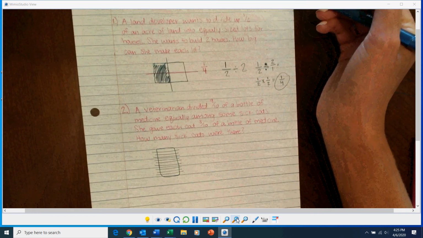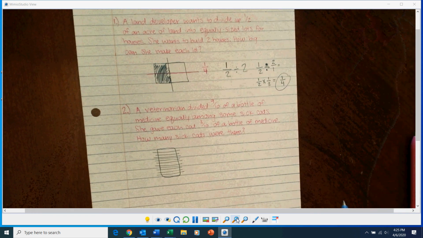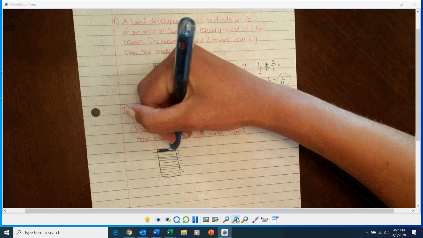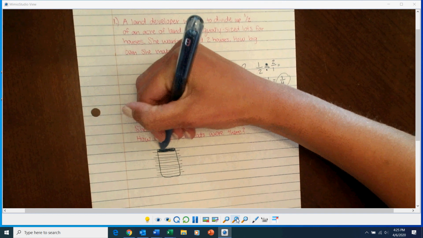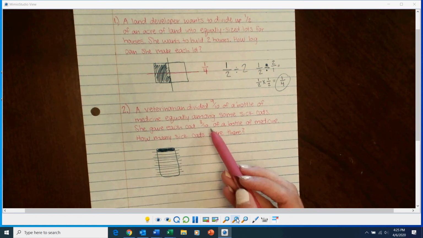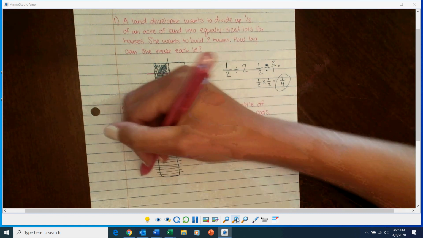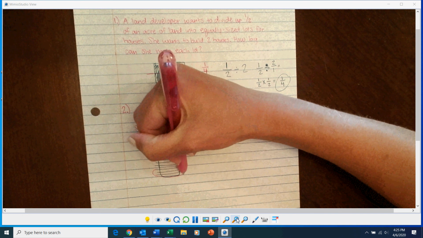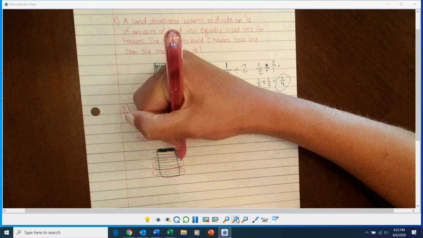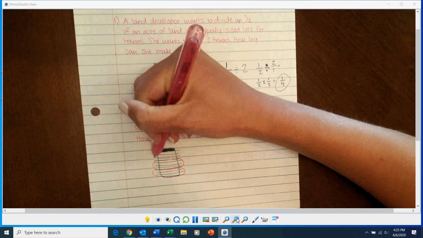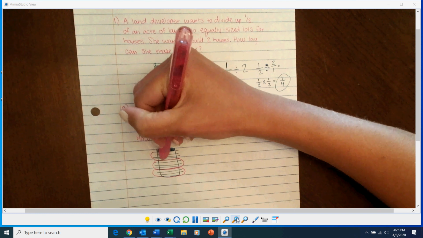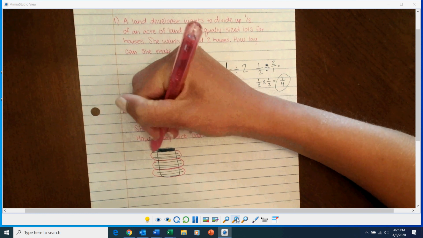So I have drawn my tenths. Now she only has 9/10, so I'm going to scratch out 1/10. Now all I'm left with is 9/10. She gave each cat 3/10 of a bottle of medicine, so I'm going to put a circle around 3/10. 1, 2, 3. 1, 2, 3. 1, 2, 3.